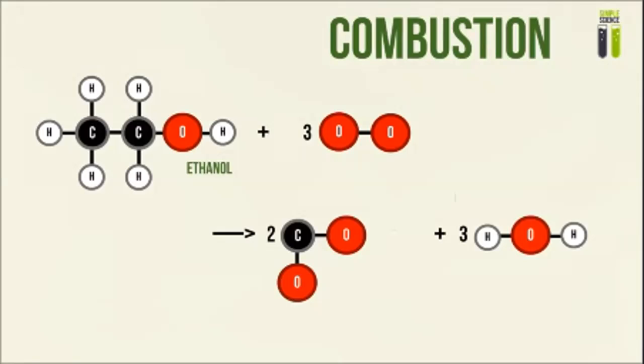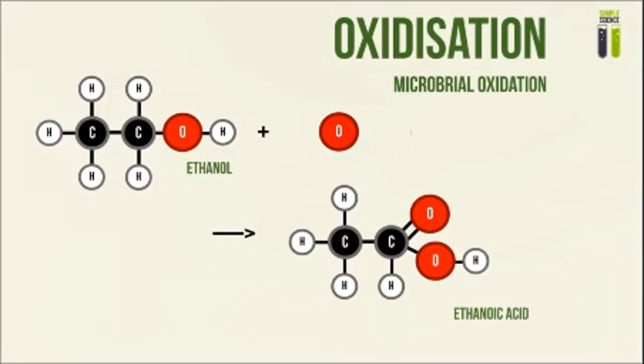And this can be a complete reaction or an incomplete reaction to form carbon dioxide or carbon monoxide or both. Now, the next type of reaction is oxidation. What differs from combustion is the final product. We're not producing carbon dioxide, but we are now producing a different type of organic compound.